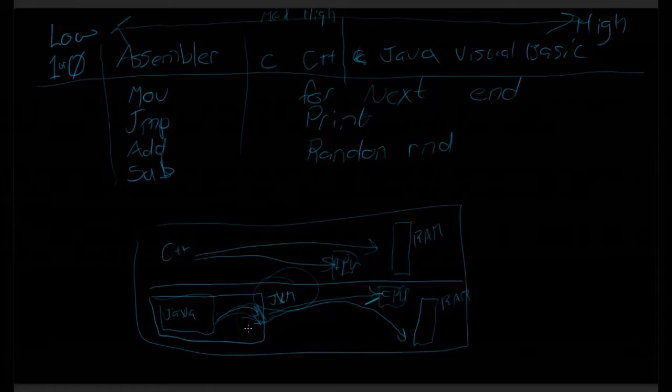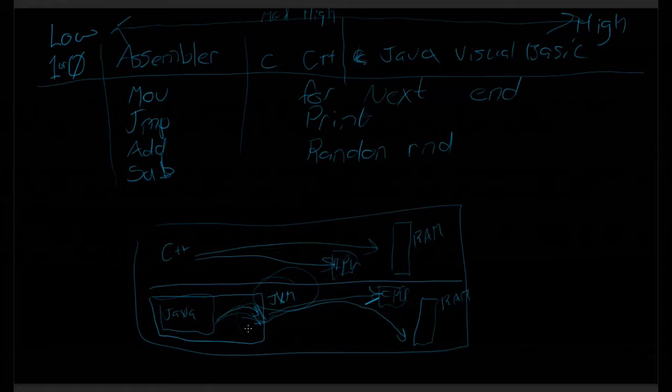So this makes Java a little bit slower than C++. But for a lot of things you're writing, you're not going to notice a huge difference in speed unless you've got something that's really number crunching. So those are kind of the cons.